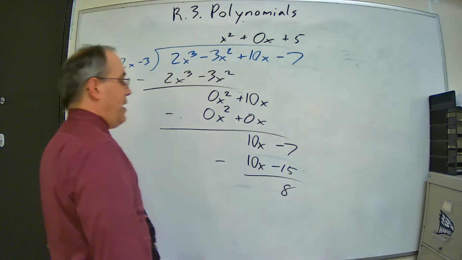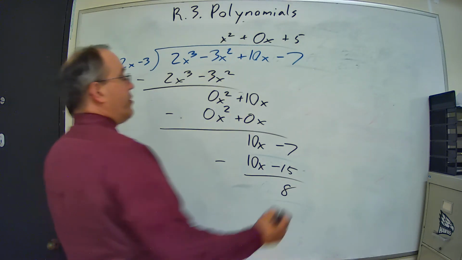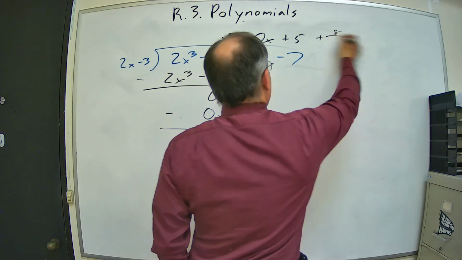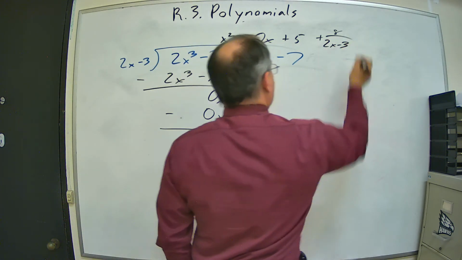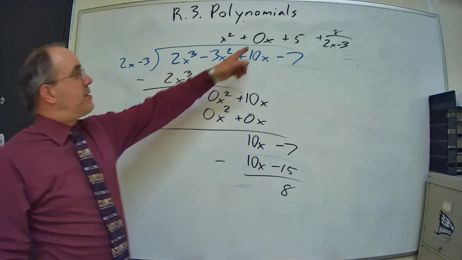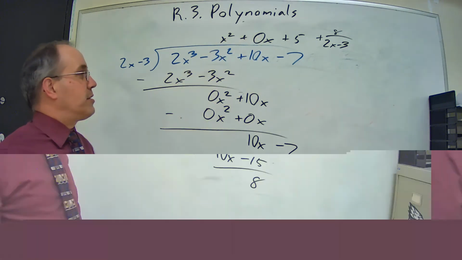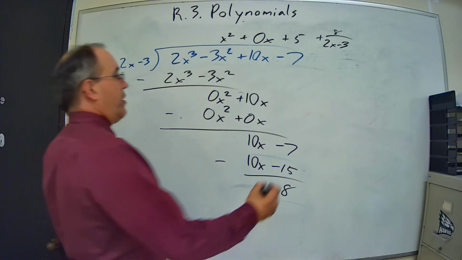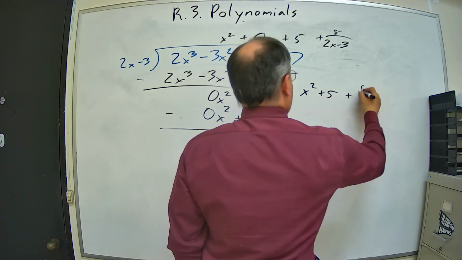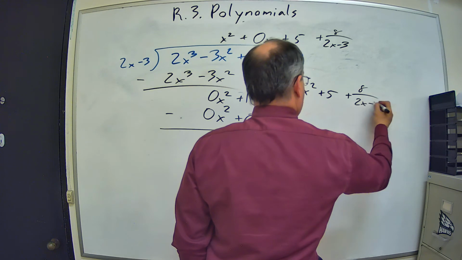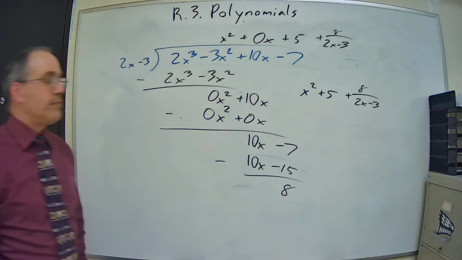We have nothing else to bring down. So plus 8 over 2x minus 3. And then we can simplify by getting rid of this 0x, and we can say that we have x squared plus 5 plus 8 over 2x minus 3.